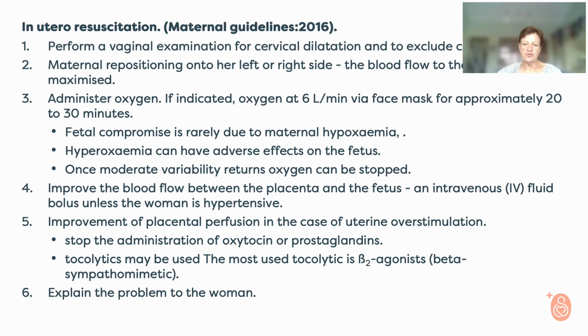And the management, we have talked about many times already: perform a vaginal examination to exclude a cord prolapse, and then all the other management measures are to increase the blood flow and the oxygen to the uterus by positioning the mother, by giving oxygen, by giving intravenous fluid, by stopping the prostaglandins or the oxytocin, and to give tocolysis to stop the contractions, to improve the blood flow and the oxygen to the fetus, and explain the condition to the mother.